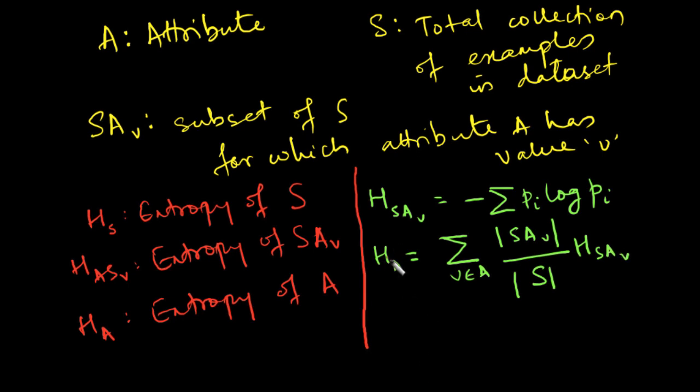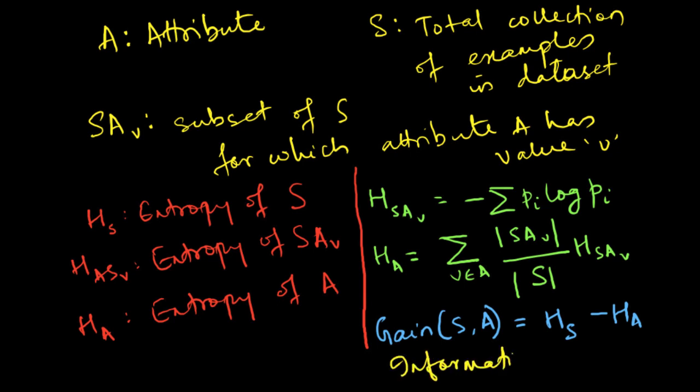So you can choose the attribute which has the minimum H(A), or you can choose the attribute which has the maximum information gain, which is defined as H(S) minus H(A). And as I just said, this quantity is called the information gain.